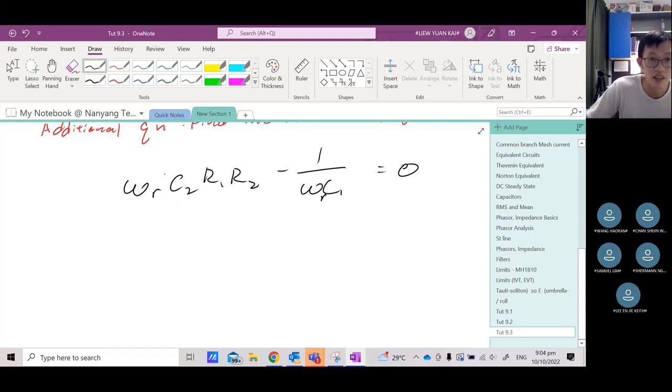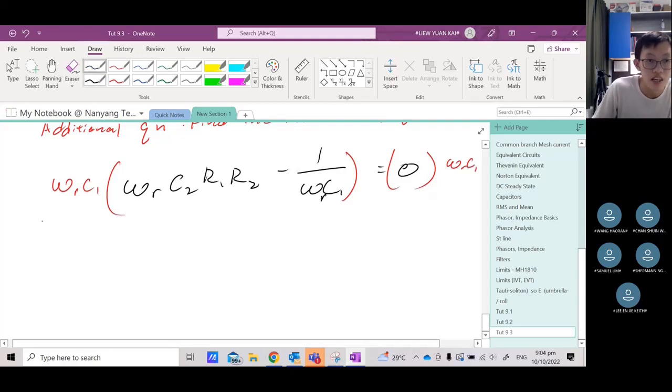Now, just make omega R the subject. Let us get rid of this denominator by multiplying omega R C1 on both sides. When you do that, this times omega R is just omega R squared, then C1, C2, R1, R2.